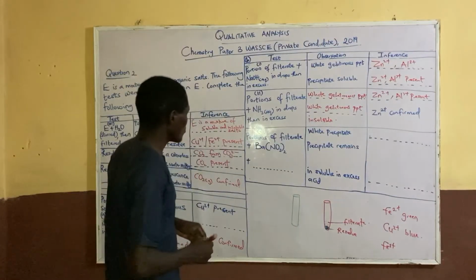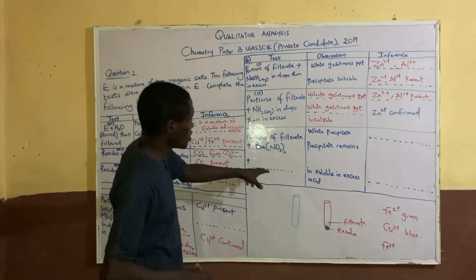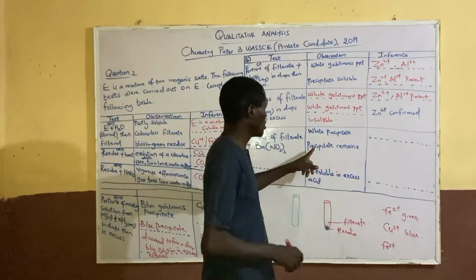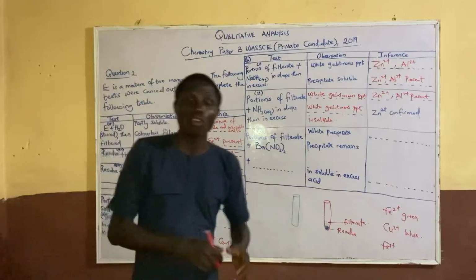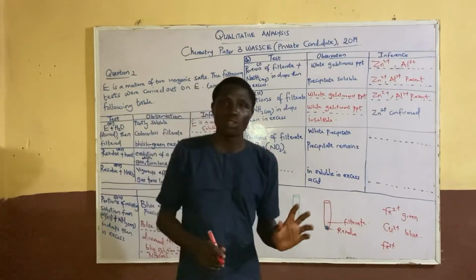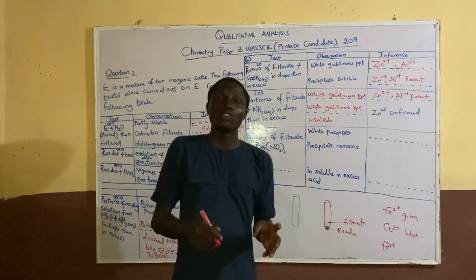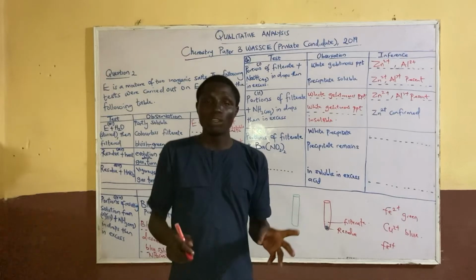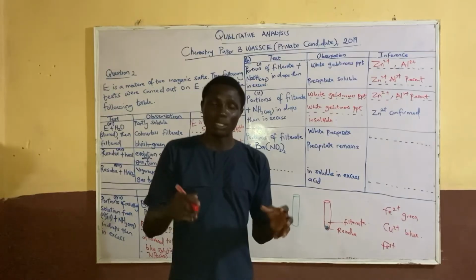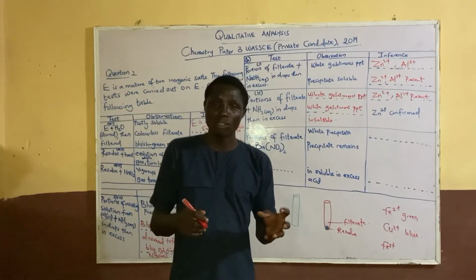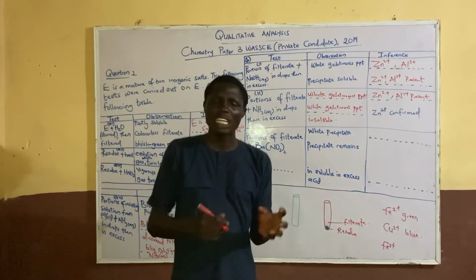Now, a portion of the filtrate plus barium nitrate gives a white precipitate. Whenever you add a portion of the filtrate to a barium salt, whether it's barium nitrate or barium chloride, and there is a tendency that you have a white precipitate, what are the ions that you are likely to find there?